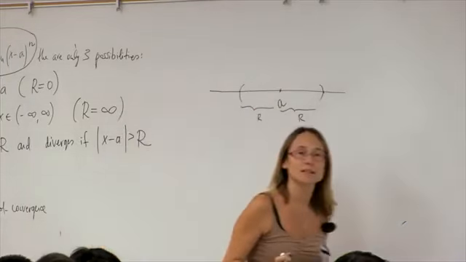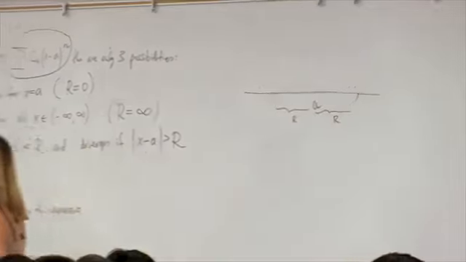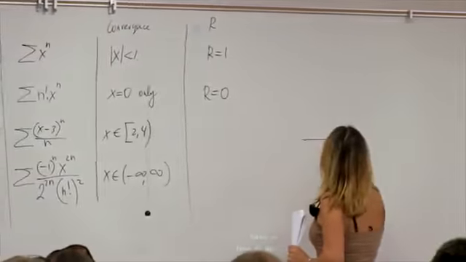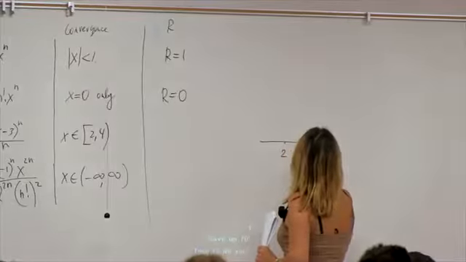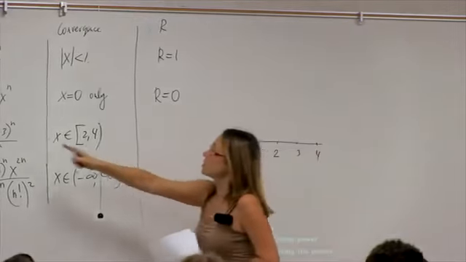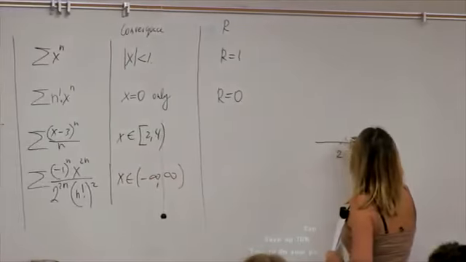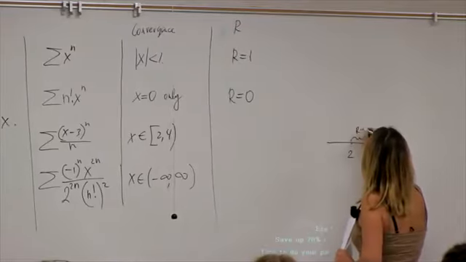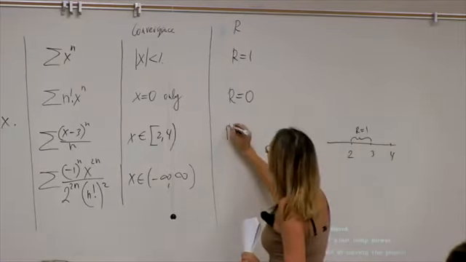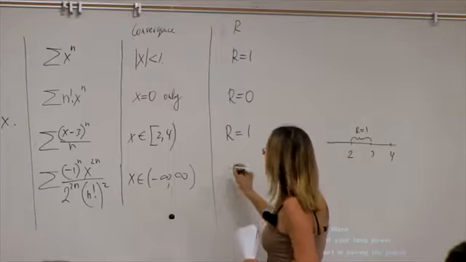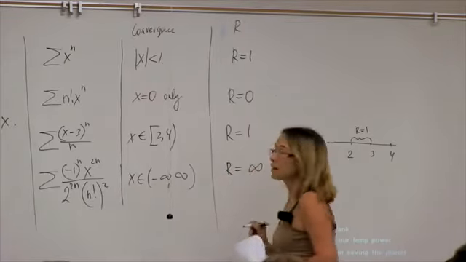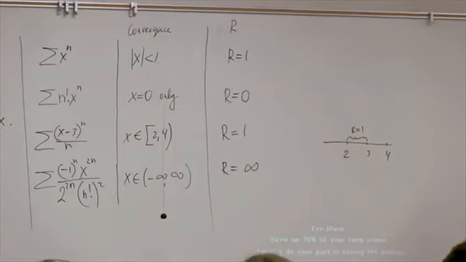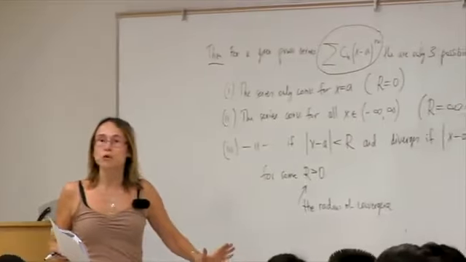Question: so then for the third one, the radius of convergence is going to be 1? Absolutely. Very good. Here you go from 2 to 4. The center was 3, as you remember. So r is 1. And for the last one, r is infinity. Very interestingly, this exhausts all the possible cases.